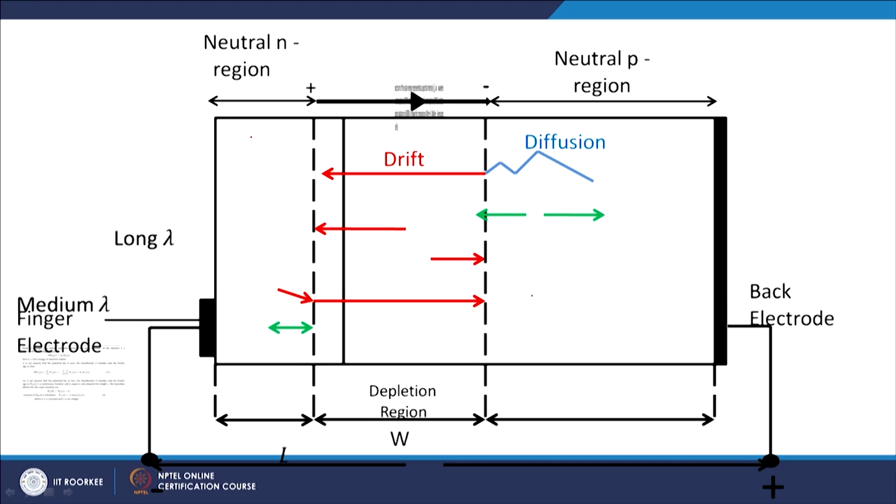Since the n side region is narrow and heavily doped, the depletion region extends to the p type side. And you see that in the depletion region there is an internal electric field. Now, for simplicity, we are considering that three different wavelengths of light are falling on this material.